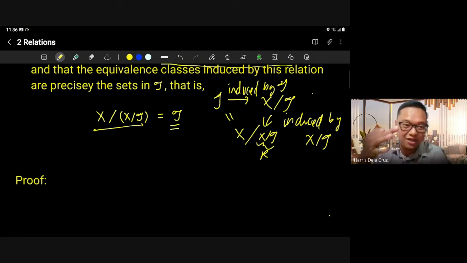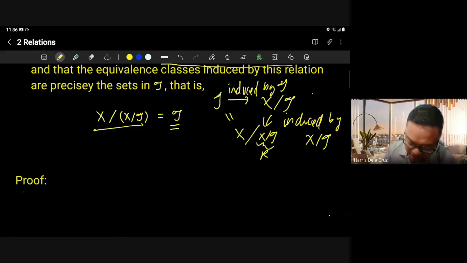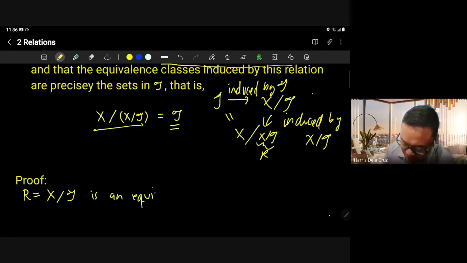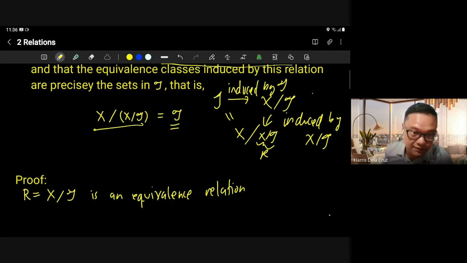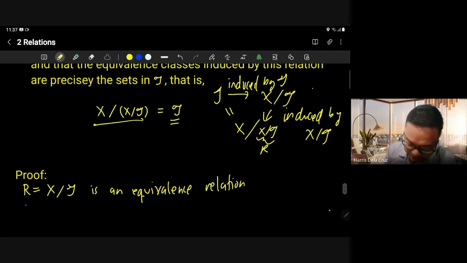Again, tatlo yung kailangan mo ipakita para masabi natin na yung R, which is the induced relation X over T, is an equivalence relation. Ano yung tatlo na to? Reflexive, symmetric, tsaka transitive. Simulan natin ipakita na siya ay reflexive.